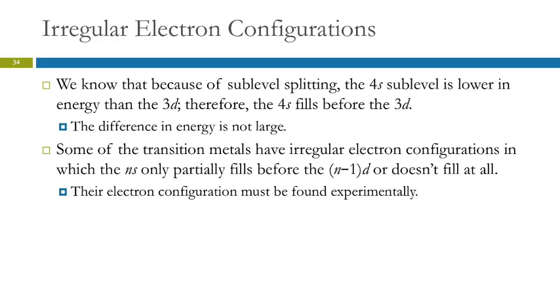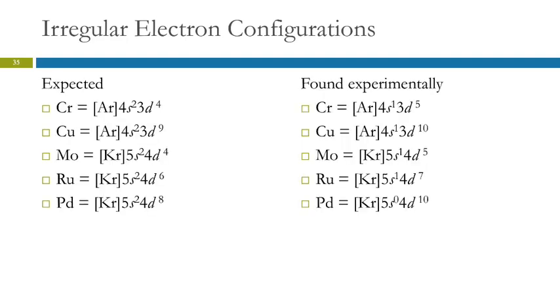And what happens here is that the s sublevel only fills partially or not at all, and then the d level has more electrons in it than we would expect. And the way this is determined is by experiment. So these are some examples of irregular electron configurations.